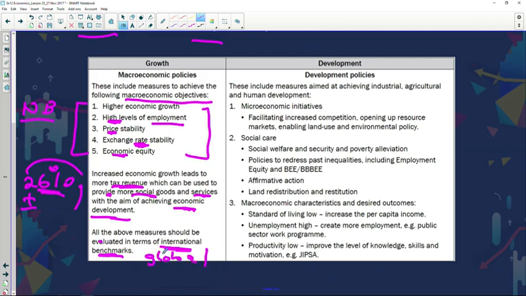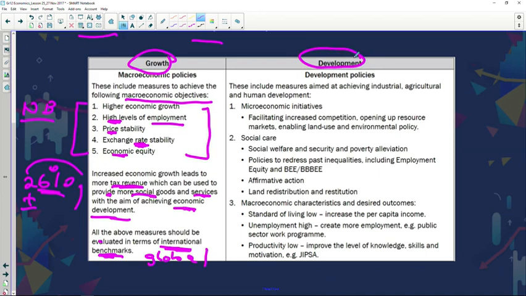So it's important that we do the benchmark in order to see where we are in terms of other developing countries and also to compare ourselves with developed countries, so that we can learn a thing or two from them and bring it onto our own economy so that we can make sound economic decisions. So that's all about growth, and now we move on to development.